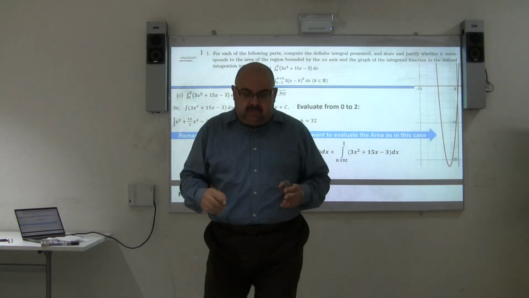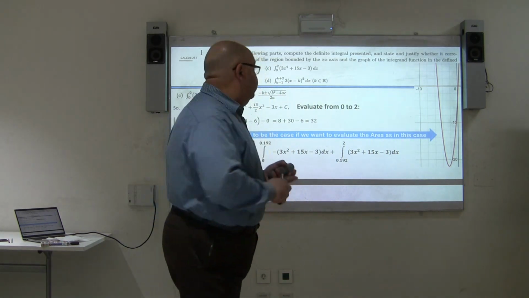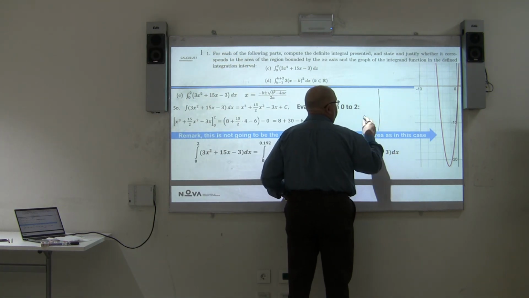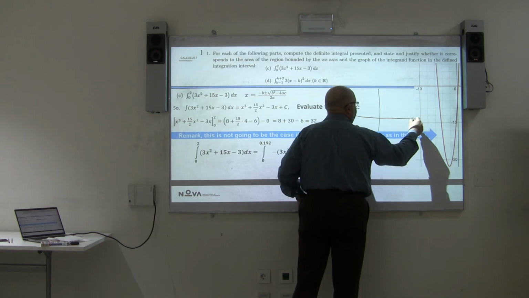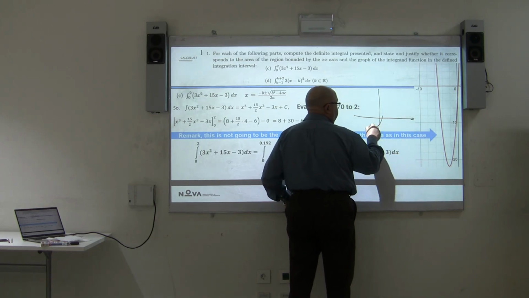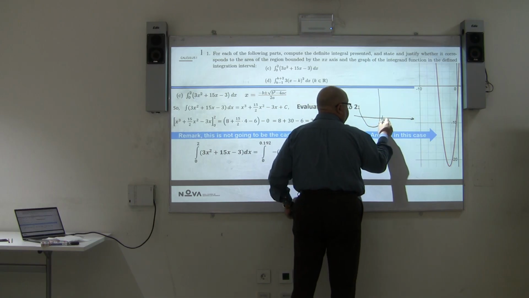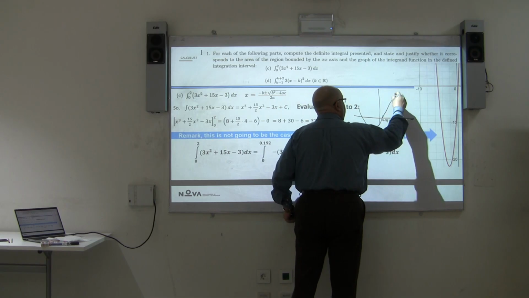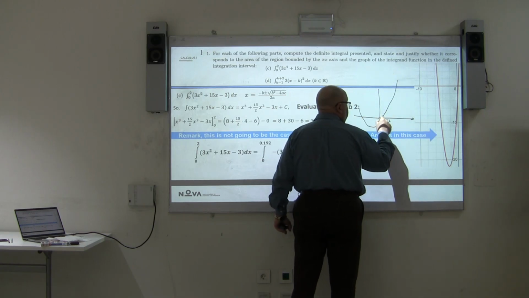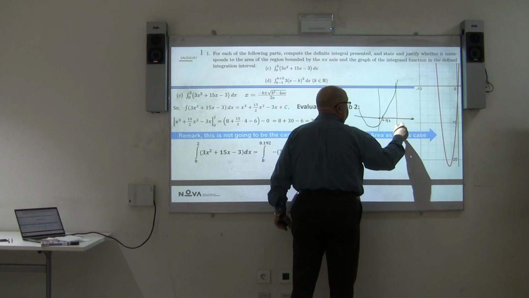In order to make it clearer for you, this is the x-axis and y-axis, and my function is cutting the x-axis at this point. This point is 0.192, and that's the rest of our function. We are integrating from 0 to 2.